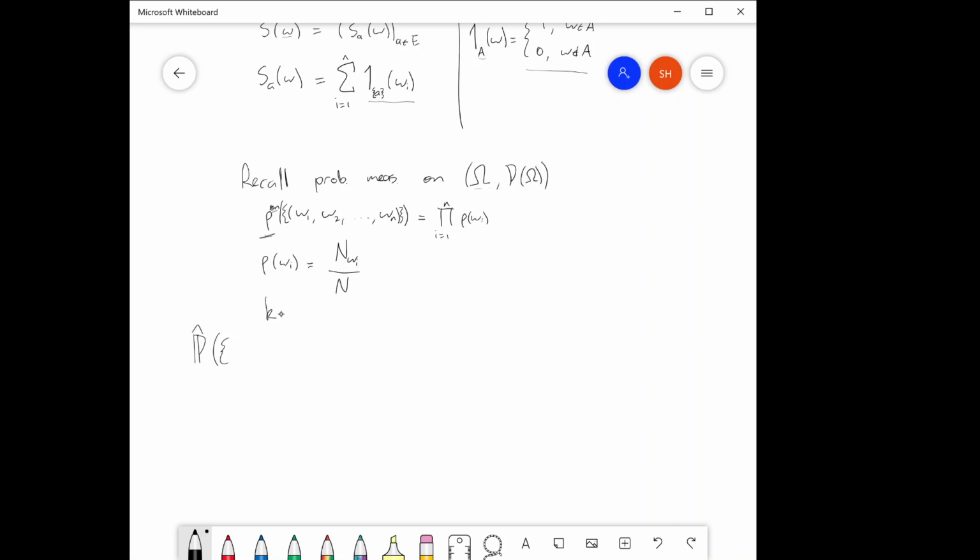Suppose k = (k_a, a in E) is a single element of omega hat.